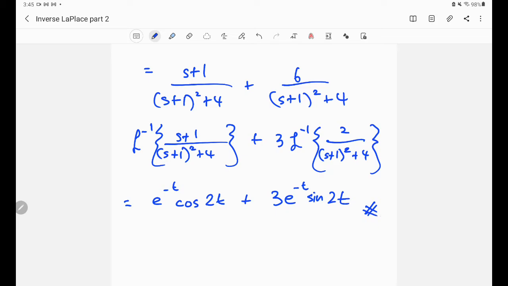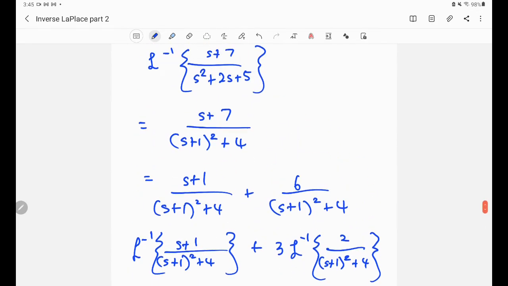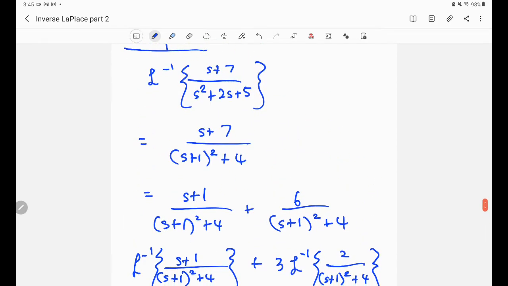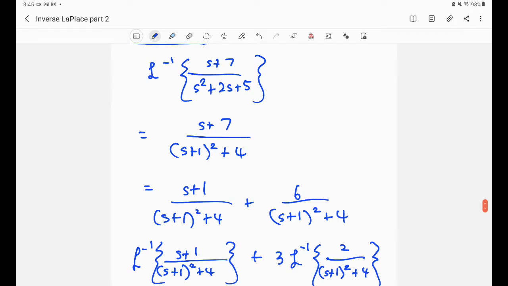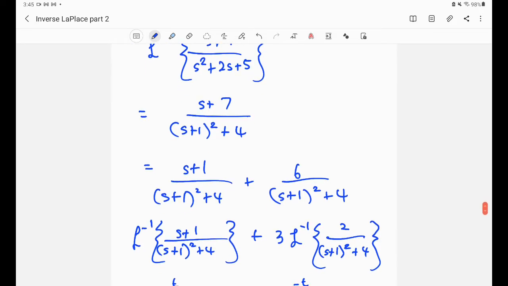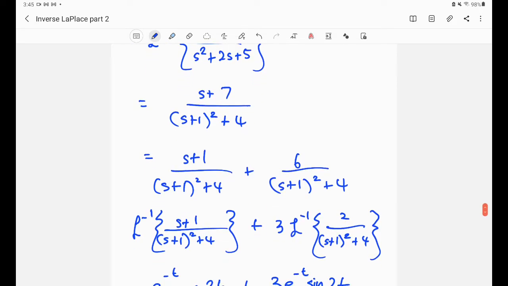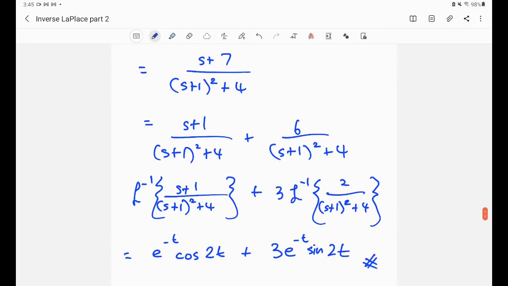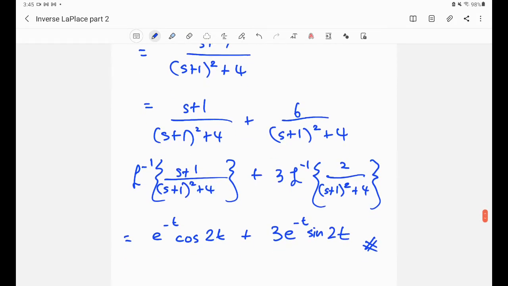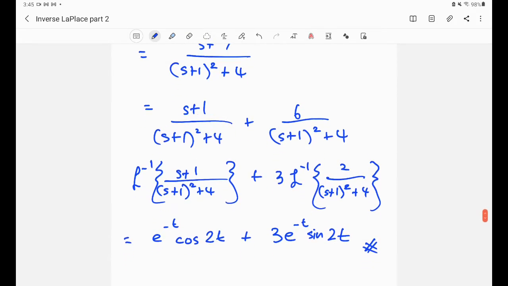So it's very important when you get this kind of problem, you must try your best to find a way to factorize it in such a way that you can inverse using the sine and cos inverse Laplace. This can only come to you naturally when you do more practice on your own.